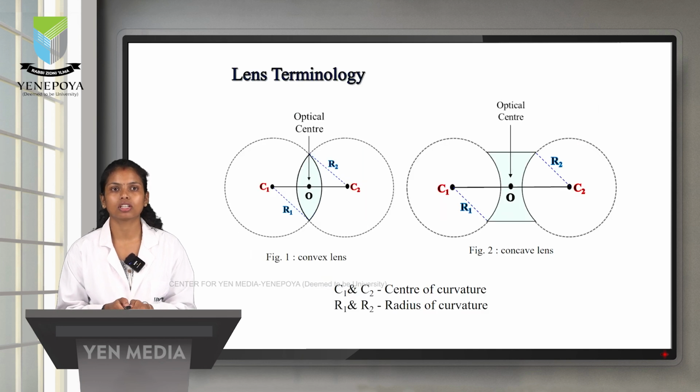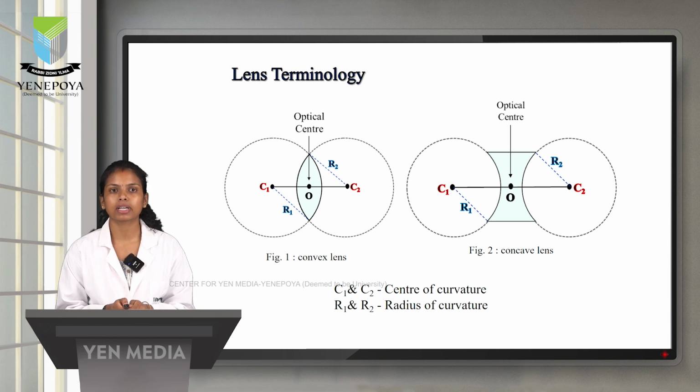The lens terminology. Here we look into certain terms and parameters associated with the lenses. The shaded region in figures 1 and 2 represents convex lens and concave lens respectively. Generally, a lens is made up of two curved refracting surfaces, which is a combination of two spheres.